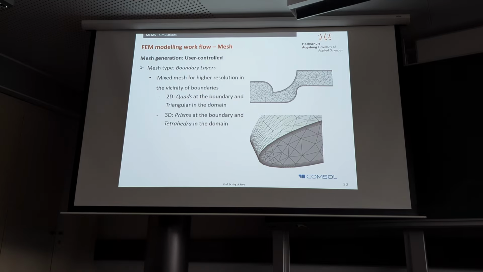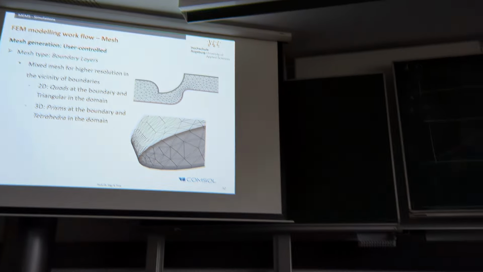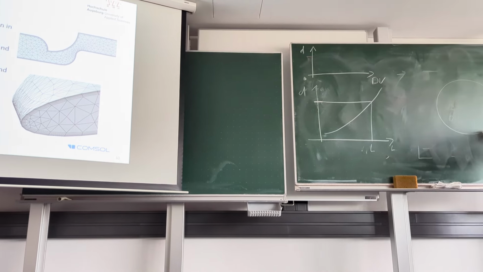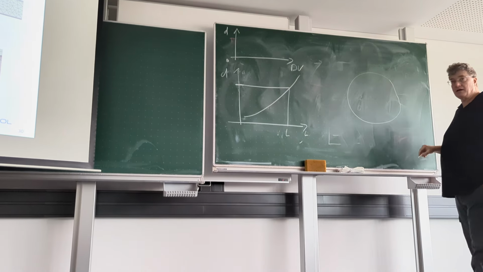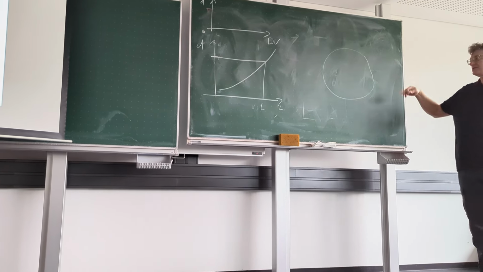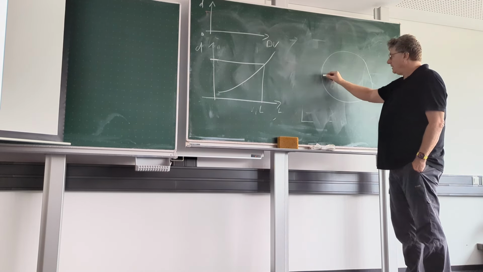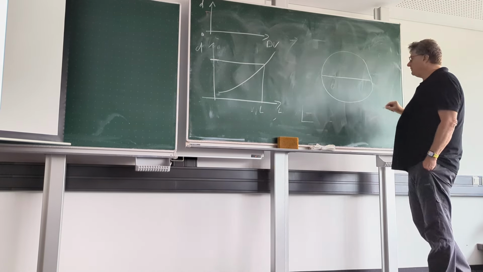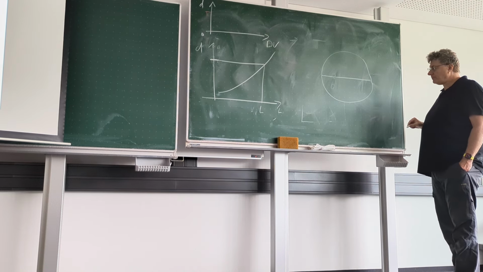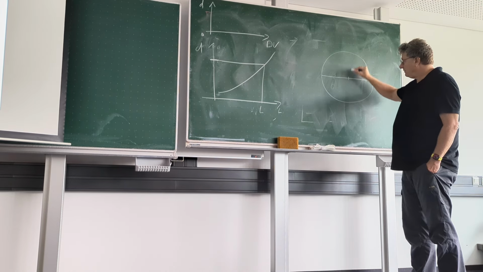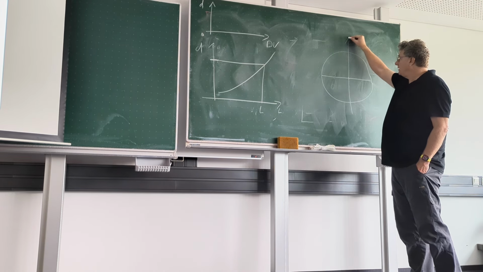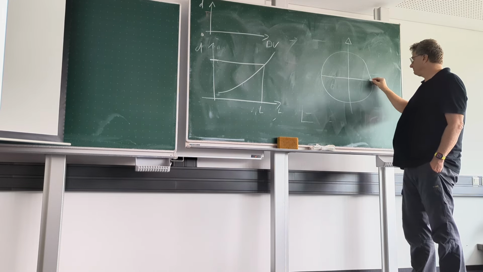I like to discuss these boundary layers which can be generated by COMSOL with an even simpler fluid flow, but a laminar fluid flow to the cross section of such a pipe. So if we look for the diameter here, the center, maybe we use to plot a diagram in here.